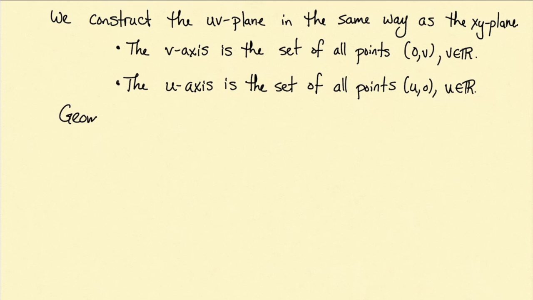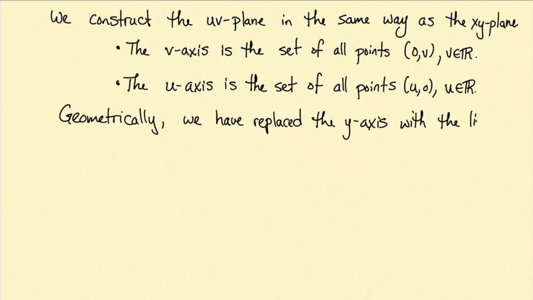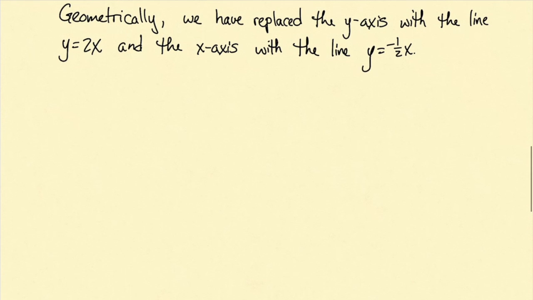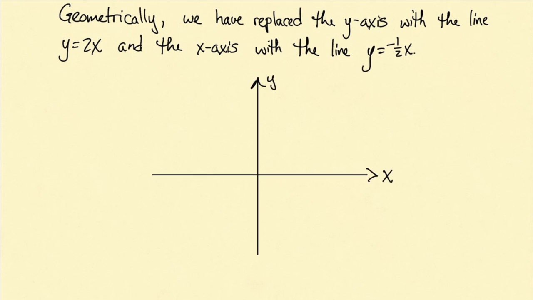So geometrically, this new coordinate system rotates the plane counterclockwise, so the line y equals 2x replaces the y-axis, and the line y equals negative 1/2 x replaces the x-axis. So you can see here, I've drawn two lines.